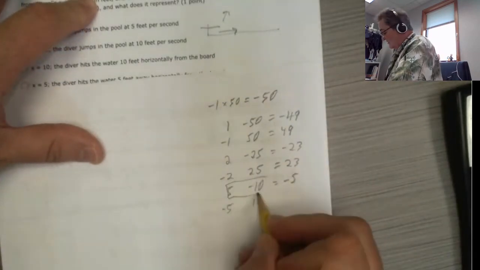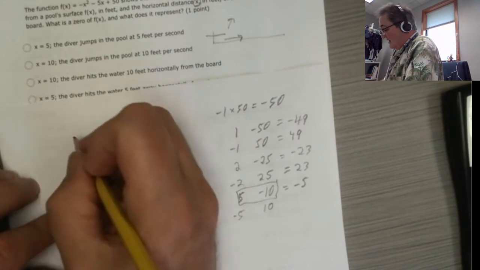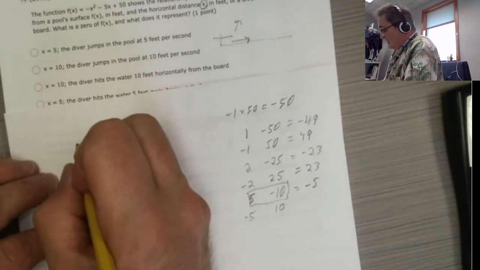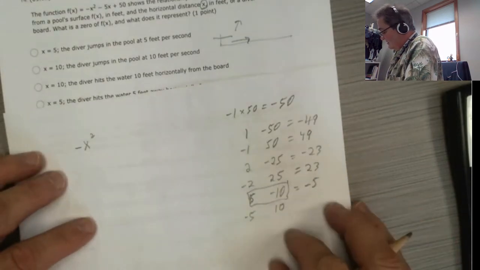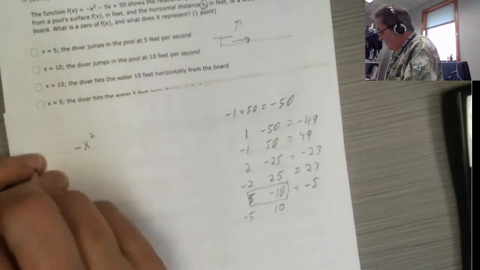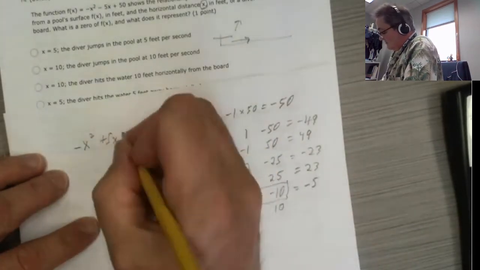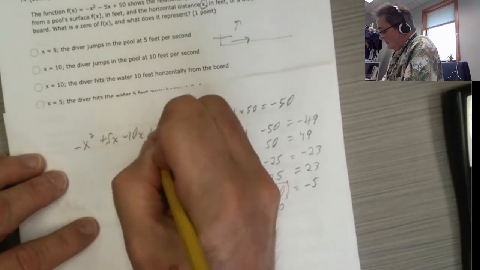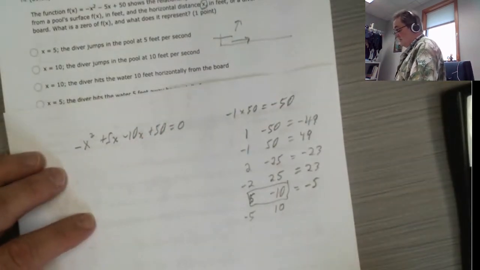So it's these factors right here, 5 and negative 10. So we can rewrite that as negative x squared plus 5x minus 10x plus 50, and we want to find the solutions where it equals 0.